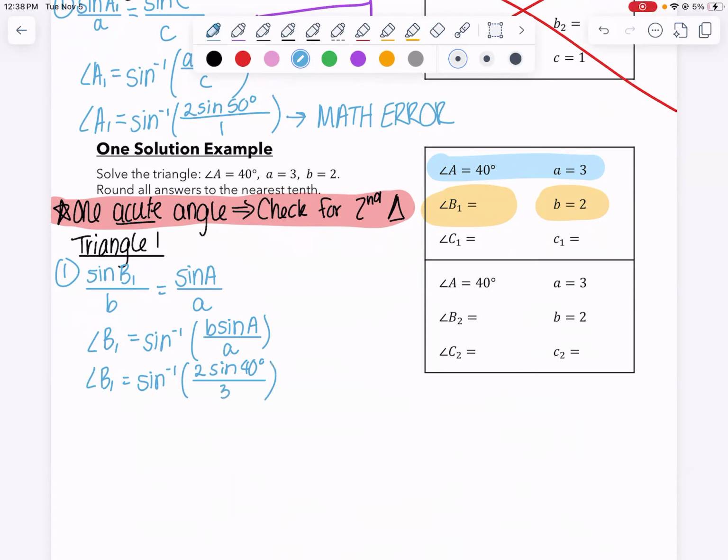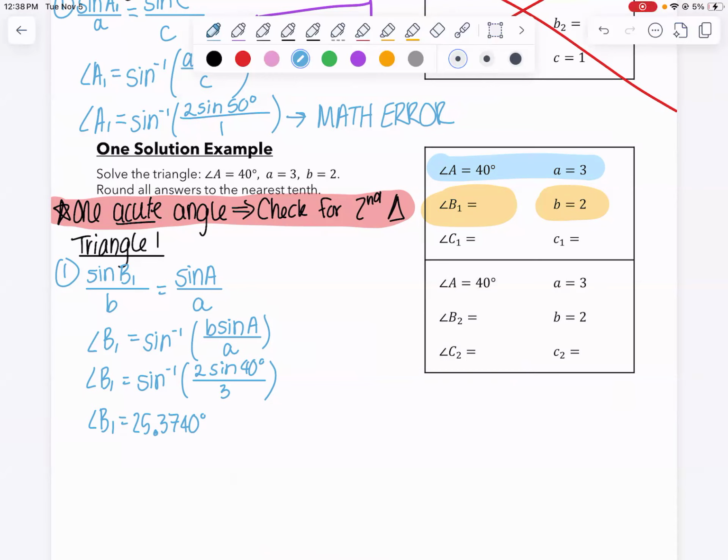When you plug this into your calculator, I'm going to round this number to 4 decimal places. It should give you 25.3740 degrees.